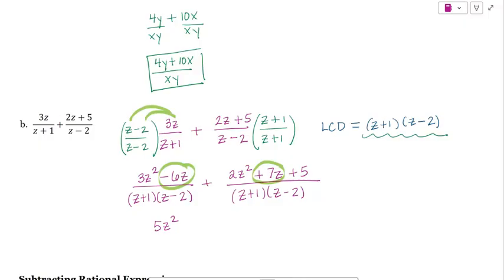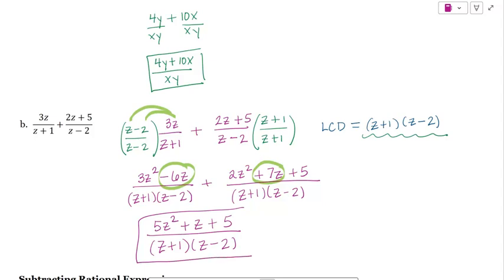So that's going to end up being, I've got a negative 6 and a positive 7, so plus z, and then that plus 5 is kind of on its own. And my denominator is z plus 1, z minus 2. Again, I'm just going to leave this in this form. When we start thinking about graphing, having the denominator factored like that is going to be helpful for us.